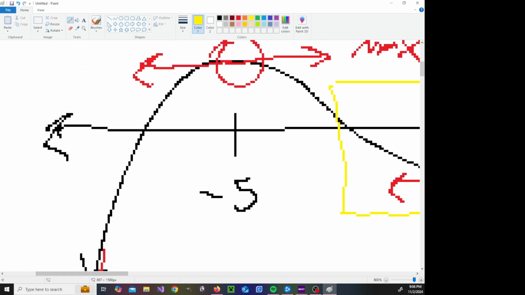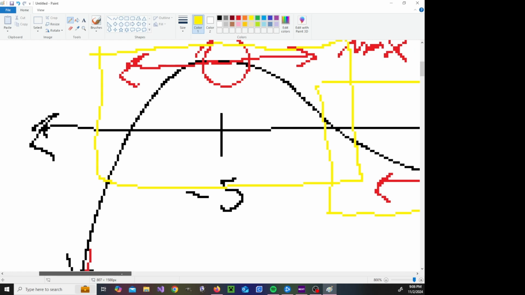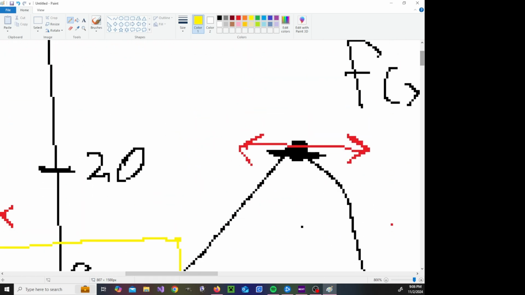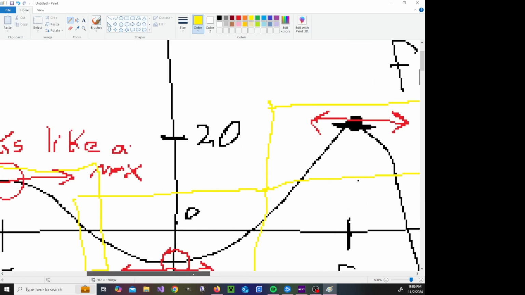And similarly, if all I had was this bit, then this earnestly does look like a maximum value for the function. And it's definitely true that if I drew a box around the genuine maximum of the function, then it still looks like a maximum even just inside of that box.